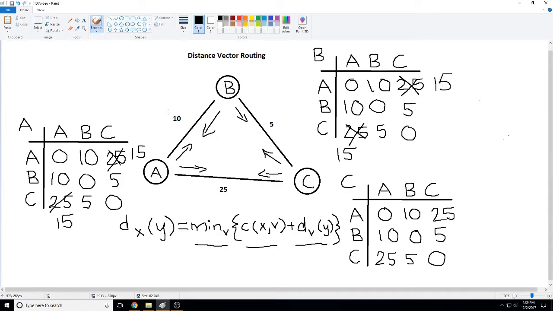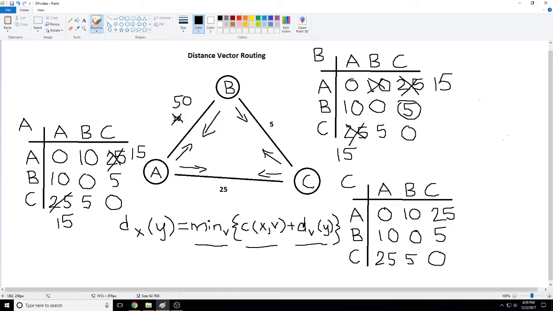Now, what happens when the cost from node A to node B changes from 10 to 50? Node B can no longer get to A with 10. Node B can get to C with a cost of 5.